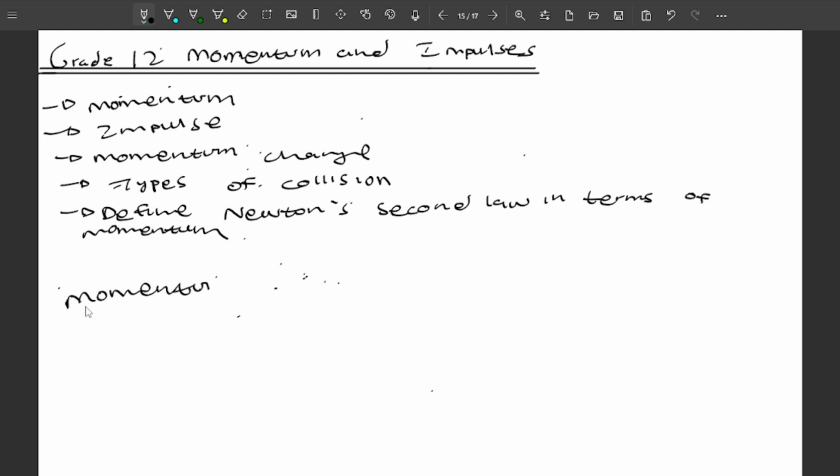This is important because if you don't understand what momentum is, then how are you going to be able to apply the formulas of momentum? So momentum is defined as the product of the object's mass and velocity.